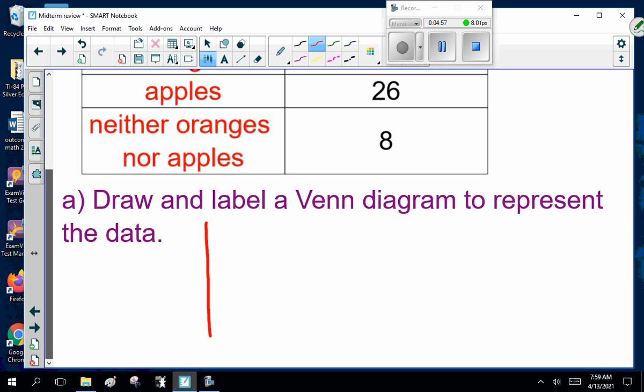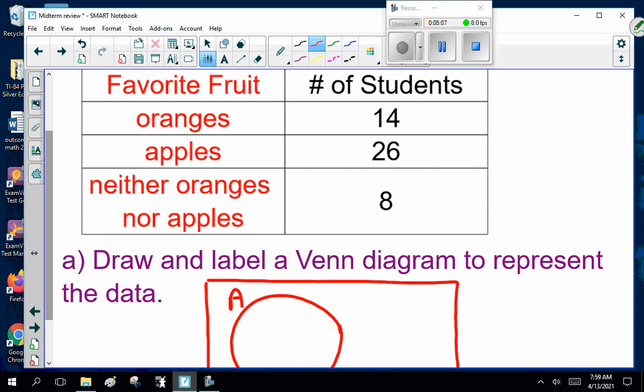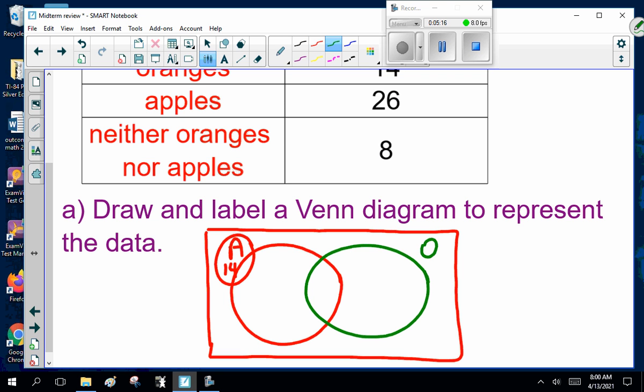Okay. Apples is 14. Orange is 26, and I don't know the orange here. Actually, I can do it.